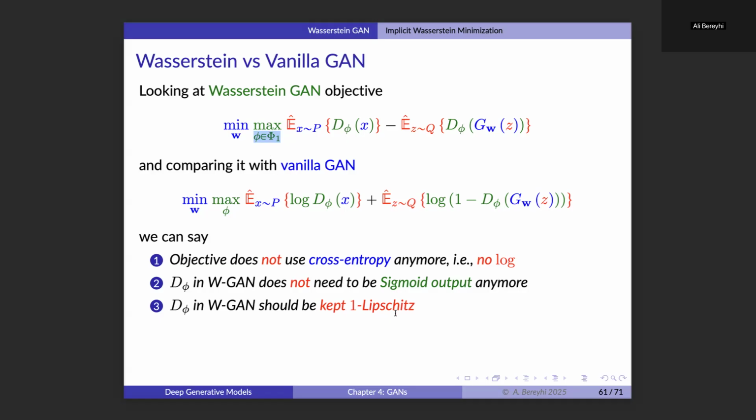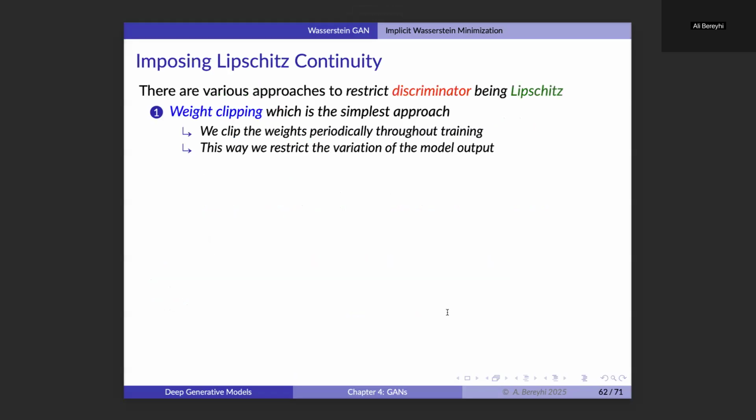This is different compared to the vanilla GAN. So now, everything, I guess, is clear up to this point. The only key last thing that we need to understand is, if you're really doing Wasserstein GAN, how we can make the discriminator Lipschitz.